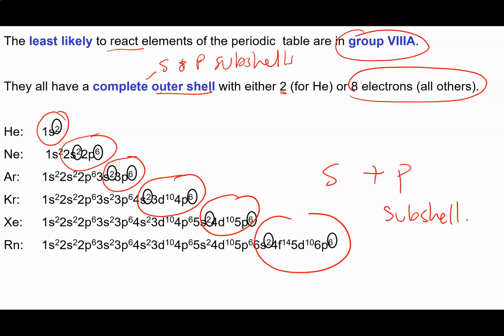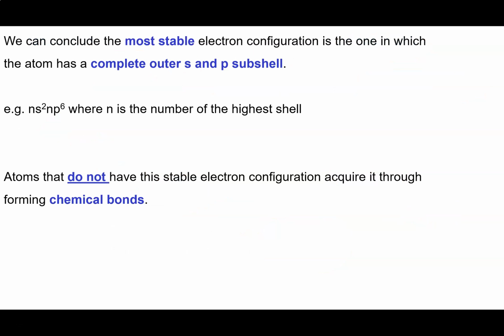So what we know is that if an atom has one of these electron configurations, then it's very stable and it doesn't form chemical bonds from then on in. So what we can conclude is that the most stable electron configuration is the one in which the atom has a complete outer S and P subshell.